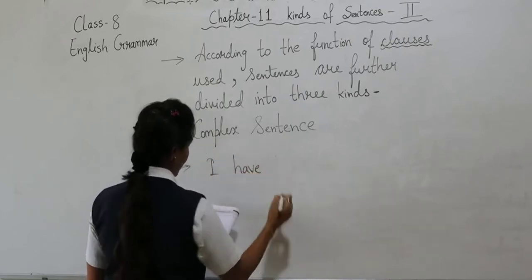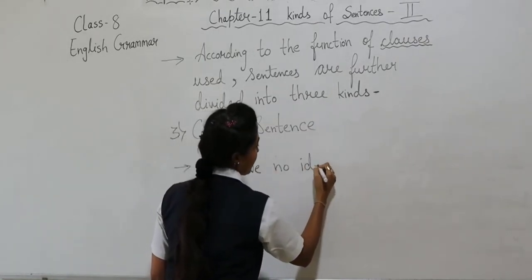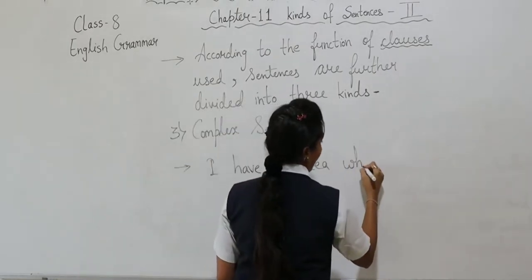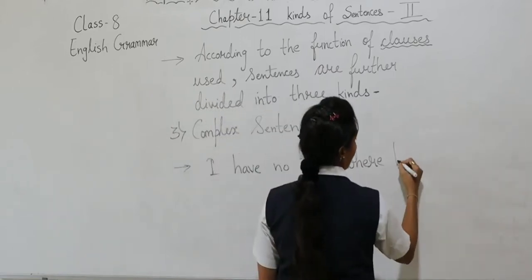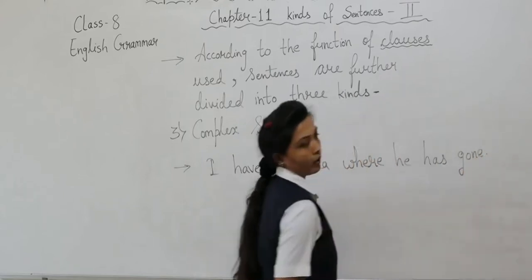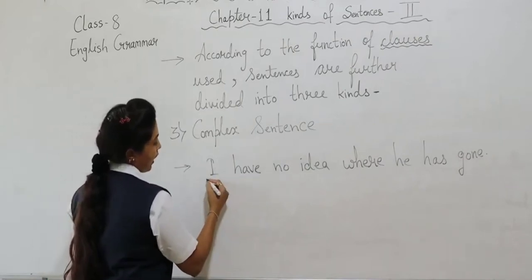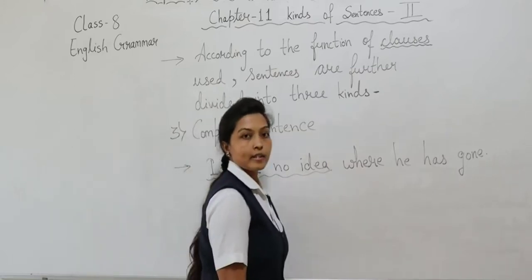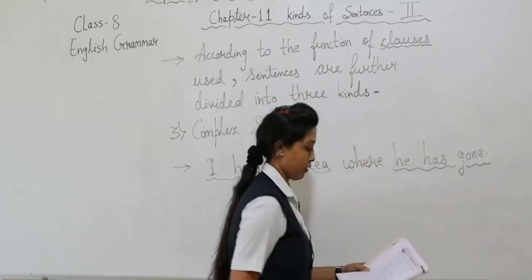I have no idea where he has gone. So in this sentence we see two parts, I have no idea, and the second part, he has gone.